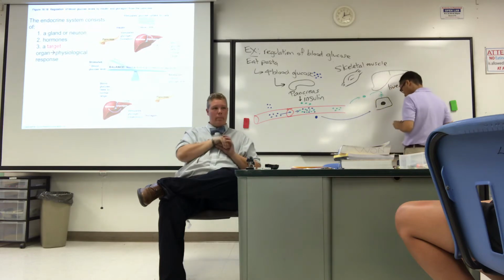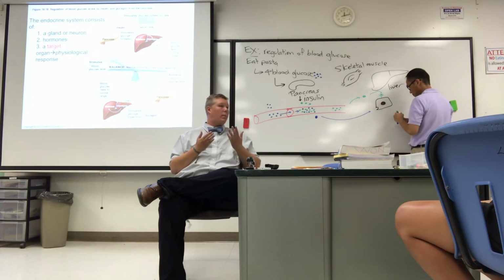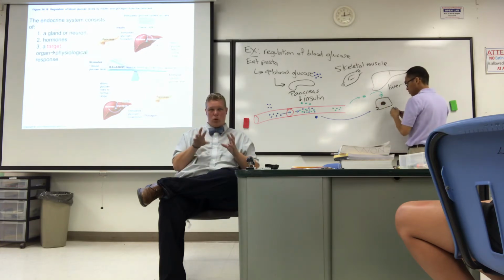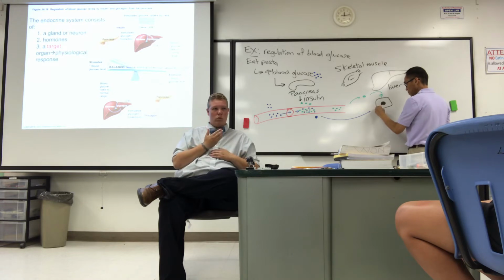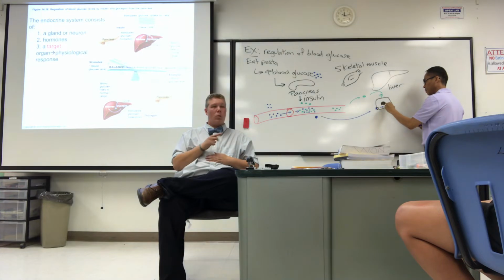Maybe there's some kind of glucose vesicle in the cell that can take up the glucose. Right, and that way the glucose can enter the cell.